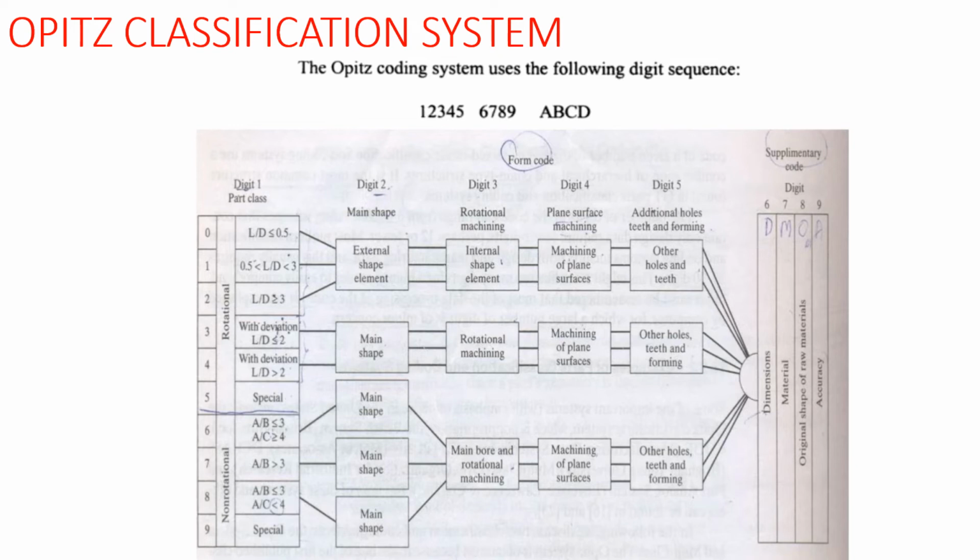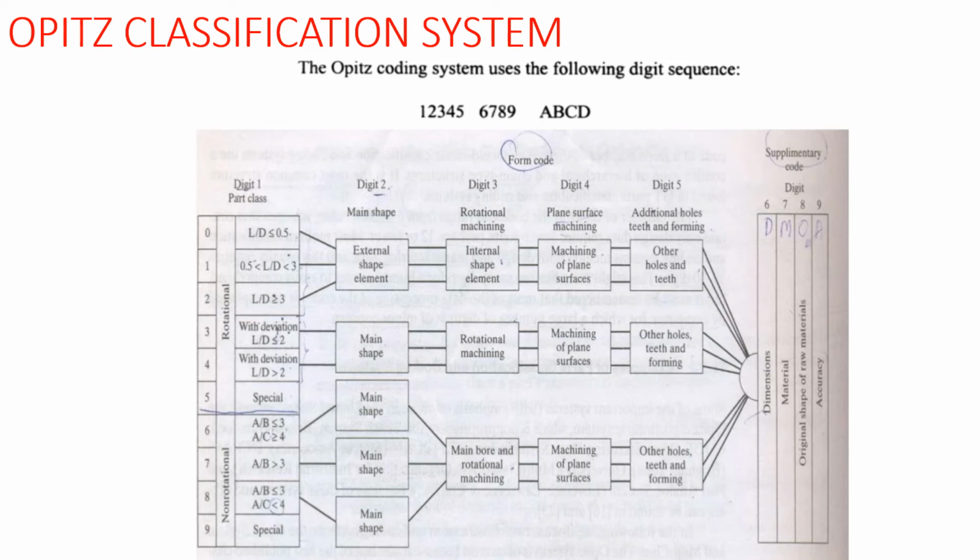So digit 1 represents a part class. Here, from 0 to 9, it is split as rotational and non-rotational part, where L by D refers to length to diameter ratio.